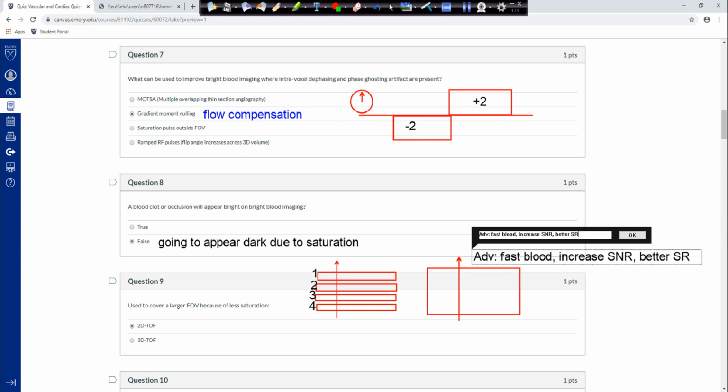So if there was a tiny, tiny pathology in between the gap right here, we might miss it due to our partial volume artifact. But if that same area was on a slab, we're going to be able to see it because our image resolution is a lot better.